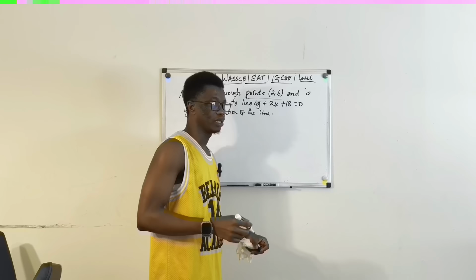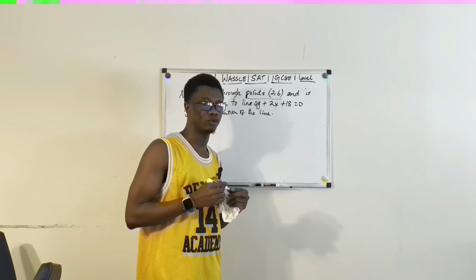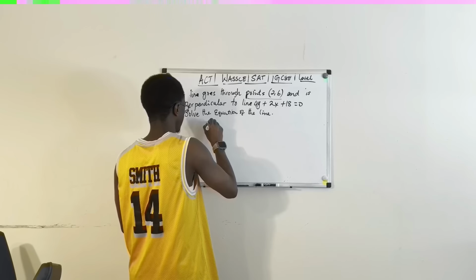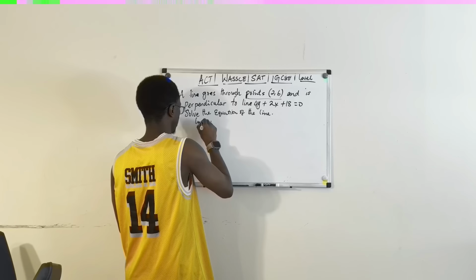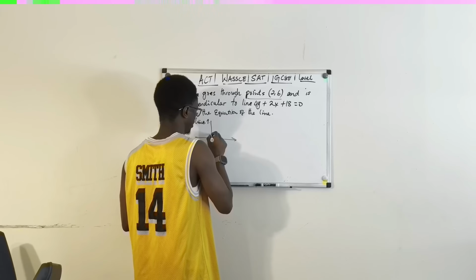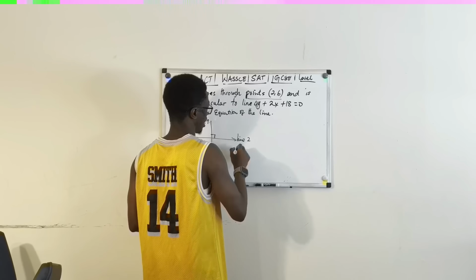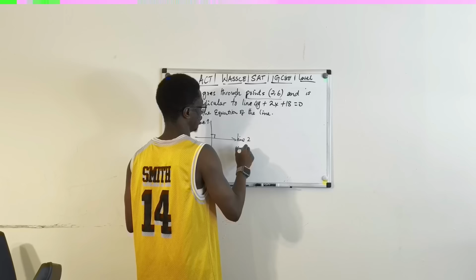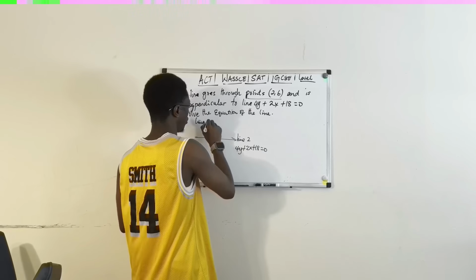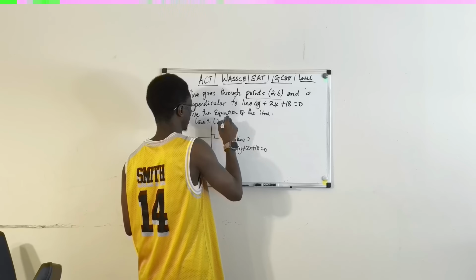Now, one thing you should know is what perpendicular lines are. What this is saying is you have two lines. Let's say this is line 1, and you have another line here which is perpendicular, meaning 90 degrees. This is line 2. Line 2 has equation 4y plus 2x plus 18 equals 0, while this one just has the point 2, 6.